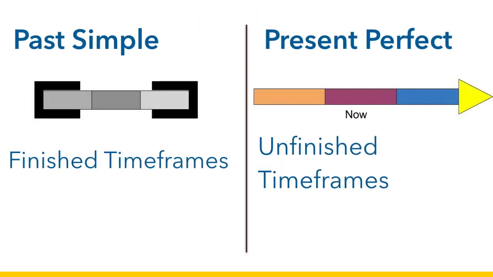You can think of the past simple as a tense we use with finished time frames. The present perfect, on the other hand, is a tense we use with unfinished time frames. That is, periods of time that have not ended yet.